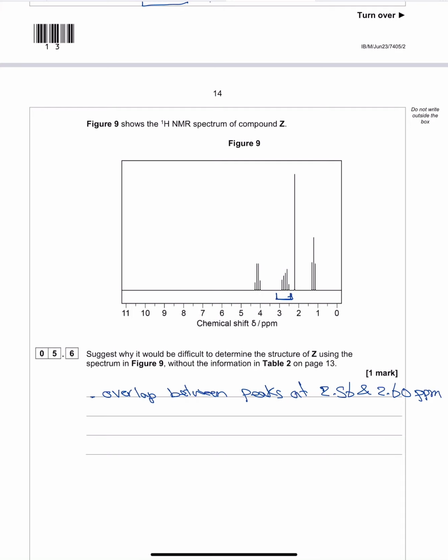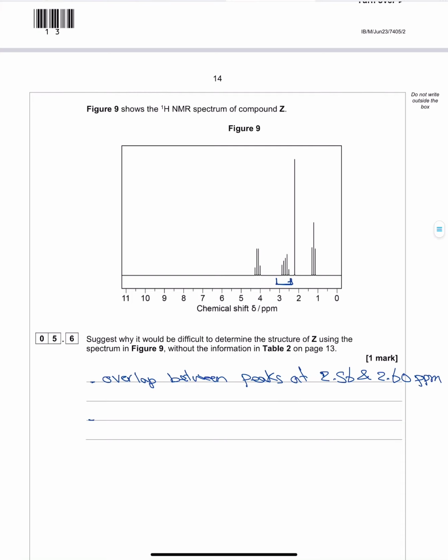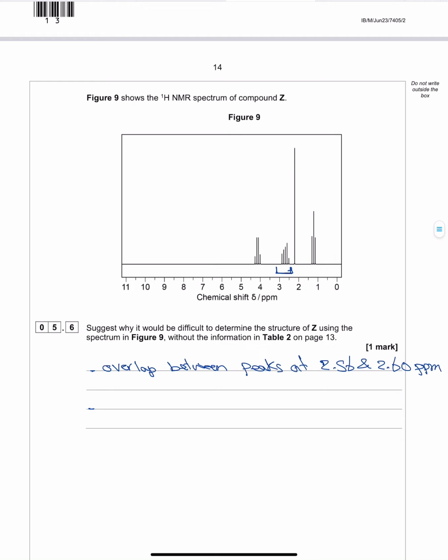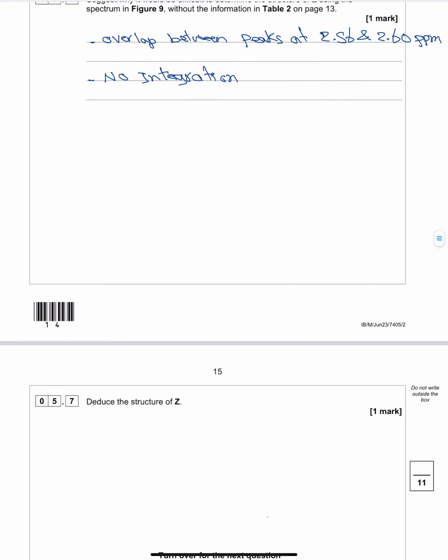And there is another problem here also, which is that there is no integration for the peaks. So no integration as well, because we would need the integration to find out how many protons are giving each signal. So you can either mention the first or the second issue, because it's only a one mark question.